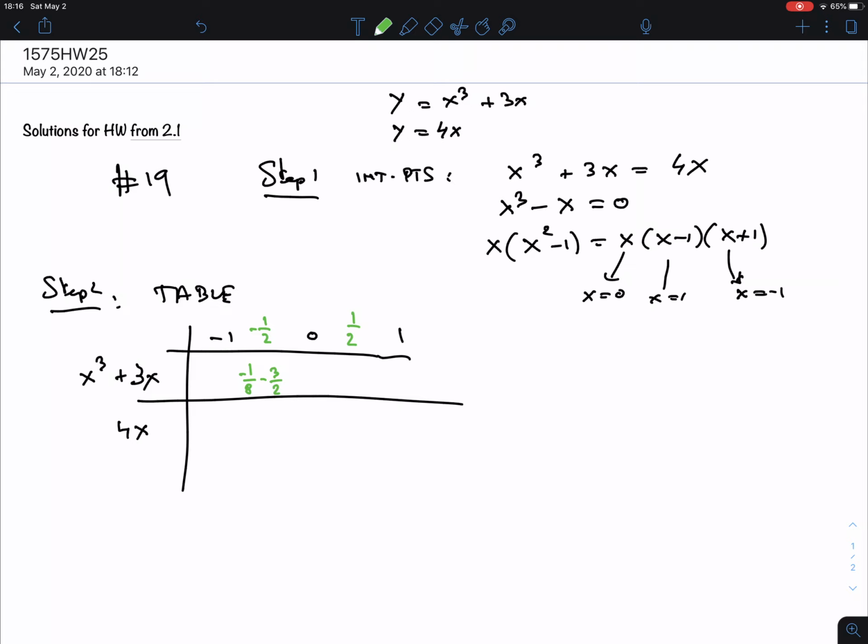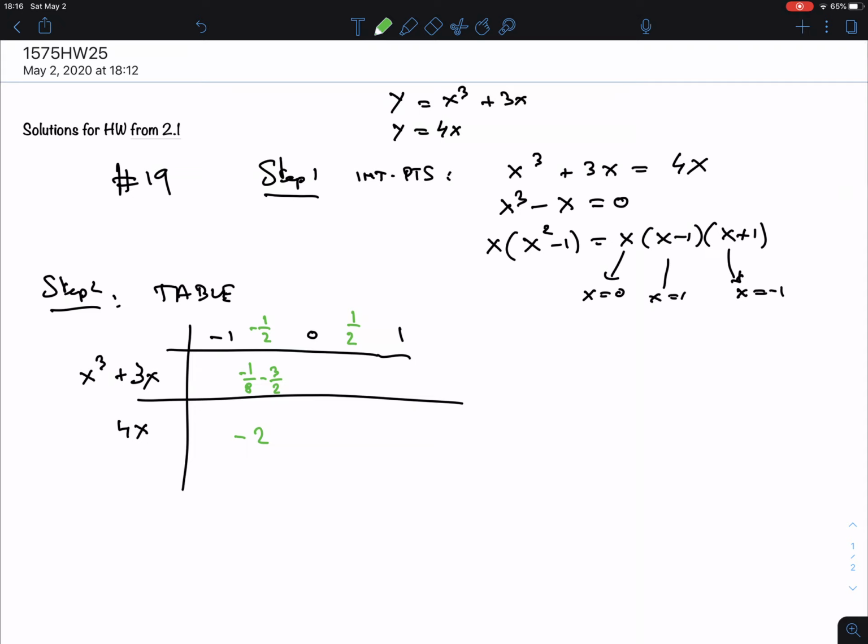Okay, and the other one we get minus 2. You can put it in the calculator and see the decimal expression, but let's just work it out a little bit. What is this? Well, I'm putting it in eighths. This is 12 eighths, and so this is minus 13 eighths, right?